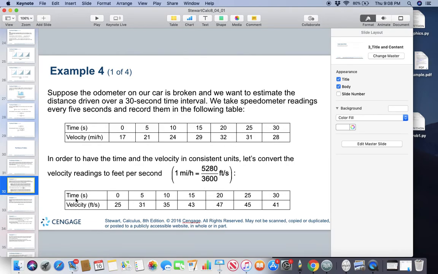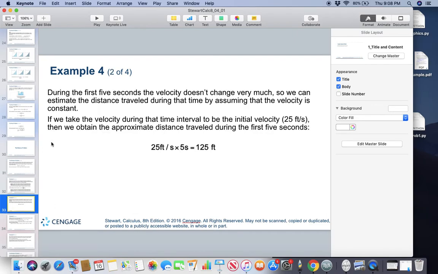So you now have a table which gives you time in seconds and velocity in feet per second for those times. During the first 5 seconds, the velocity doesn't change much. So we can estimate the distance traveled in that time by assuming that the velocity is constant. So we are taking 25 feet per second times 5.